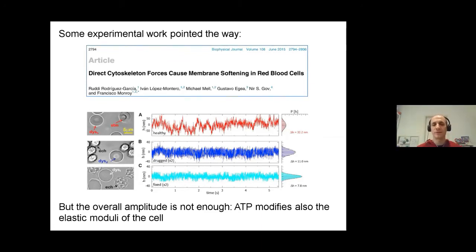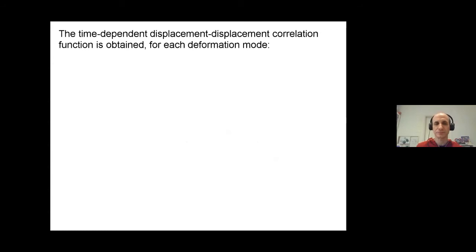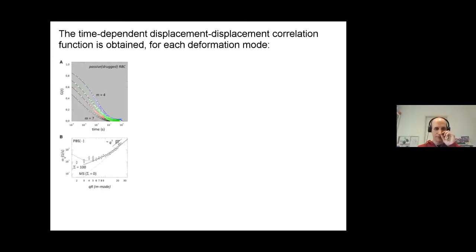So how can you tell if it's purely that effect, or there are also active fluctuations which are now gone when ATP is depleted? So one has to look for a qualitative difference. And this actually was nicely shown in this work, because when they looked at passive red blood cells, that had most of the ATP depleted, they could measure the temporal correlations or fluctuations as a function of time for different modes, different Q wave vectors of the cell.